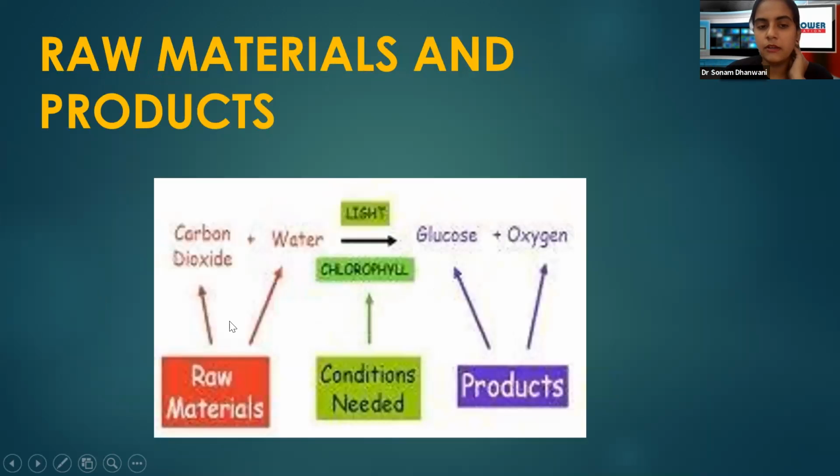So those conditions which are needed are really important. Now, what are those conditions here? That is the presence of sunlight and the pigment chlorophyll. Okay, keep this in mind. Carbon dioxide plus water in the presence of sunlight and chlorophyll gives us glucose and oxygen. Okay, glucose is a form of sugar.